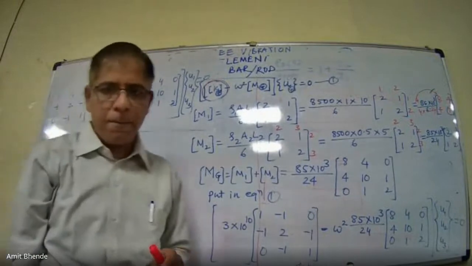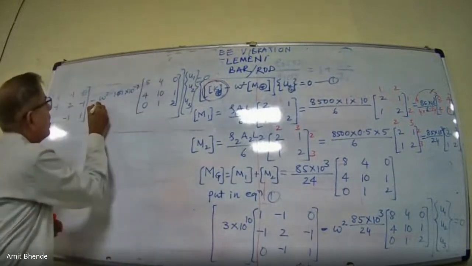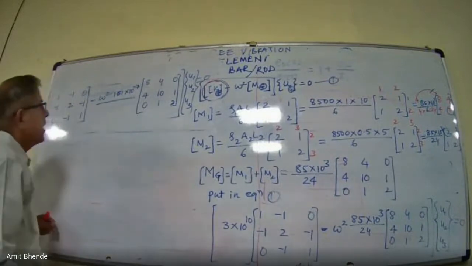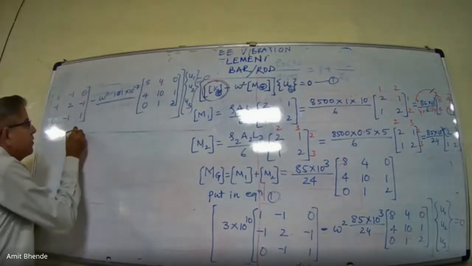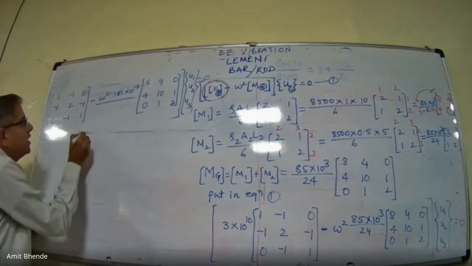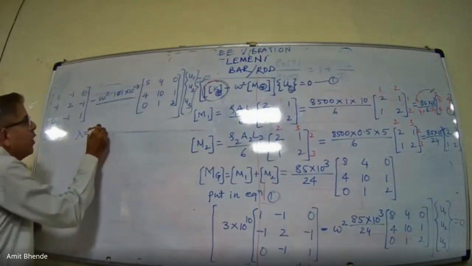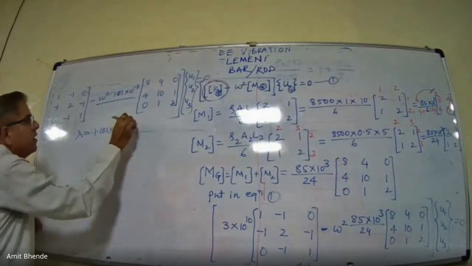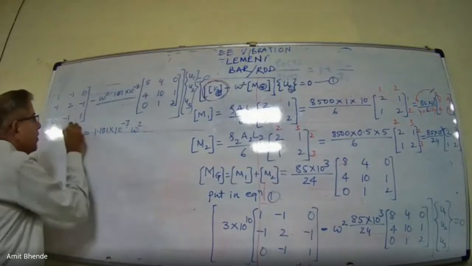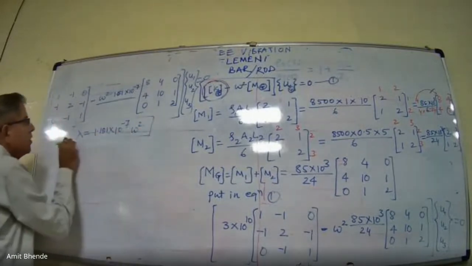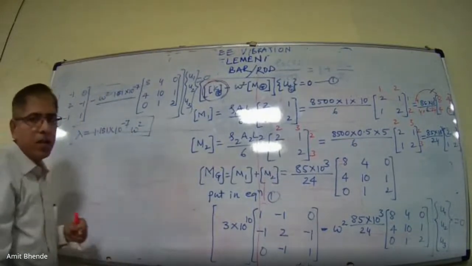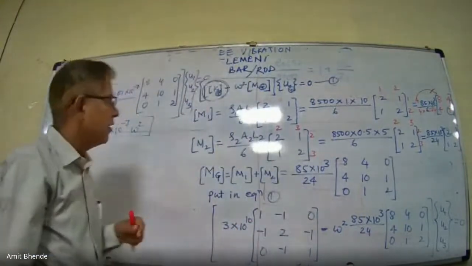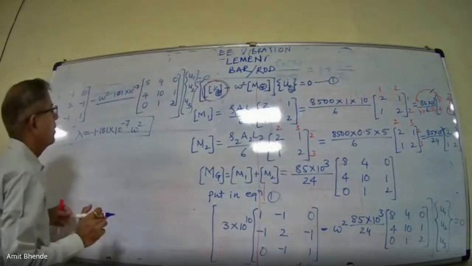Now this term, omega square into 1.181 into 10 to the power minus 7, is considered as lambda. So we consider lambda equal to 1.181 into 10 to the power minus 7 omega square. Instead of using omega square into 1.181 into 10 to the power minus 7, we use lambda over here.